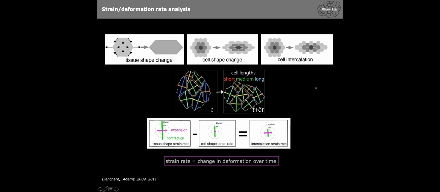And so by doing this, what we could discover was that in this initial patch of cells, these 100 cells that will form a tube over a few hours, there are two dominant behaviors in different regions. Near the point where this invagination point in the corner of the tissue will form, where the cells dive into the embryo to form the tube, the cells constrict apically through isotropic constriction.